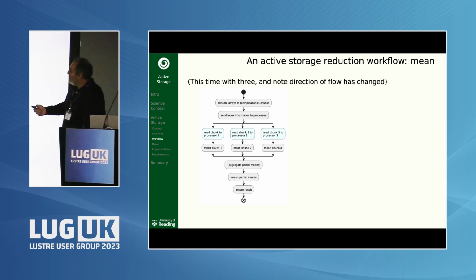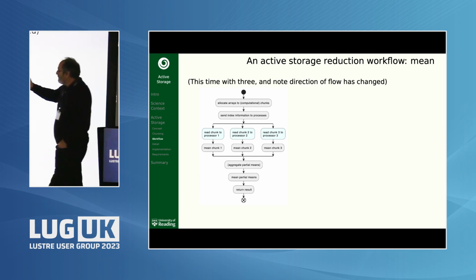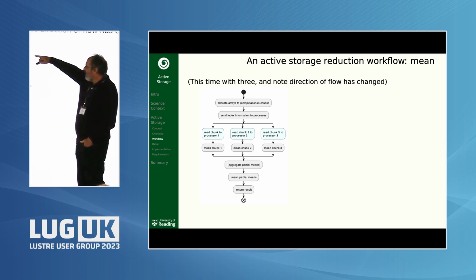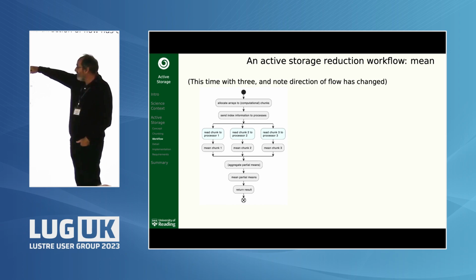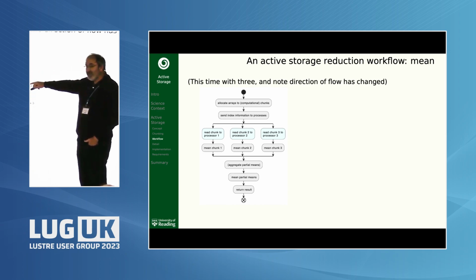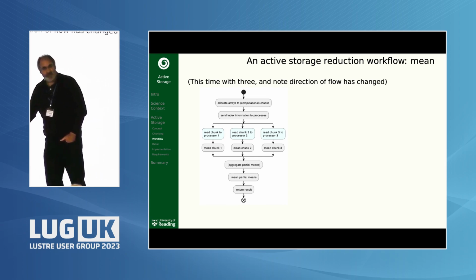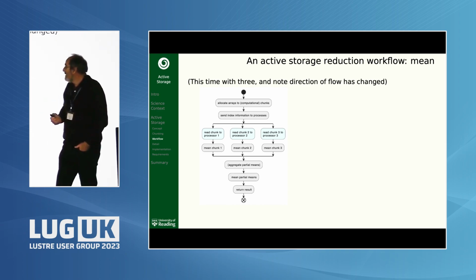And if you do that, we'll just talk through this one a bit slower. So what's going on is essentially what normally happens is you allocate arrays to computational chunks. You send some index information to each process. Each process reads some chunks, does the means, aggregates the partial means, and finishes. That's just what I said before in graph.